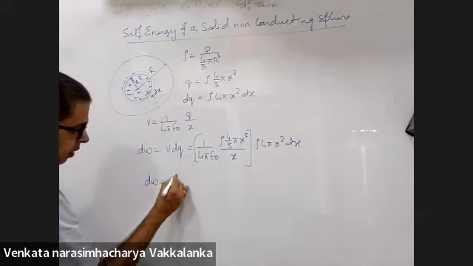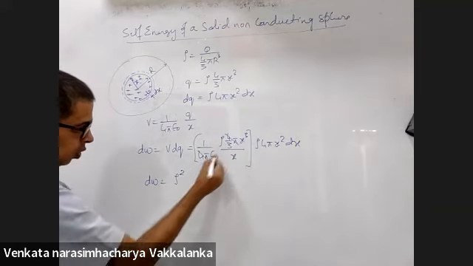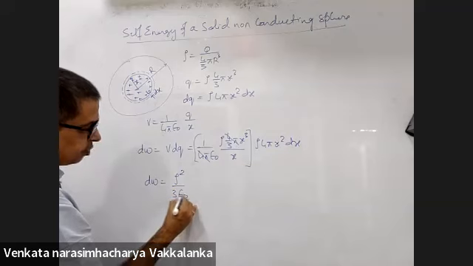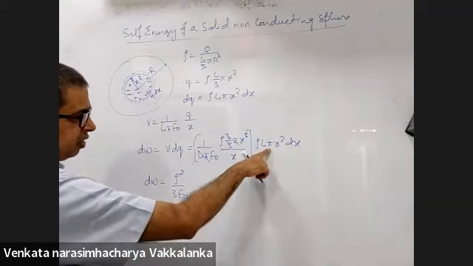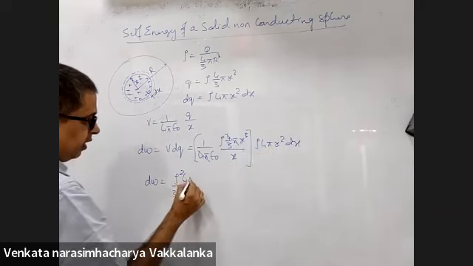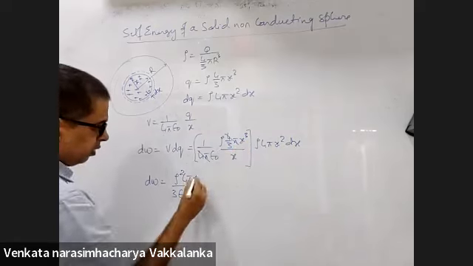This work done will be rho square into 4 pi by 3 epsilon naught. 1 by 4 pi is left over here. Bring it out, and rho came out.